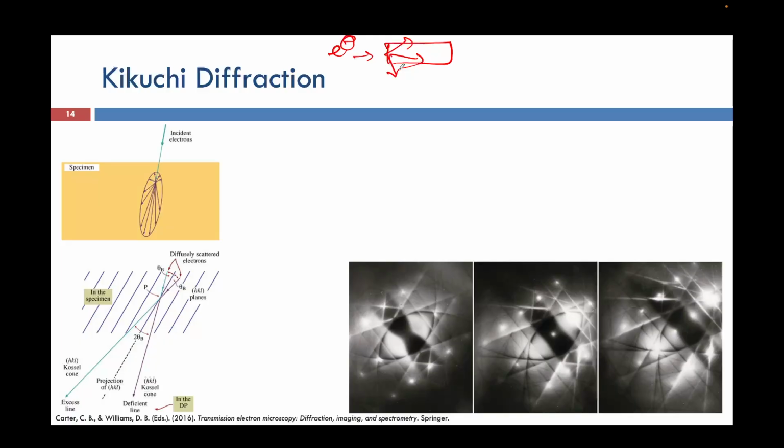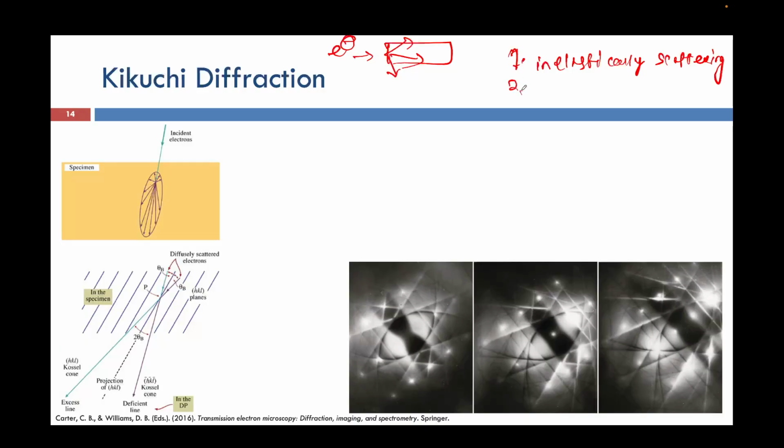But this kind of diffraction happens when the incident beam is coming and initially interacts with your specimen, then it will be inelastically scattered. The first scattering that takes place will be inelastic.